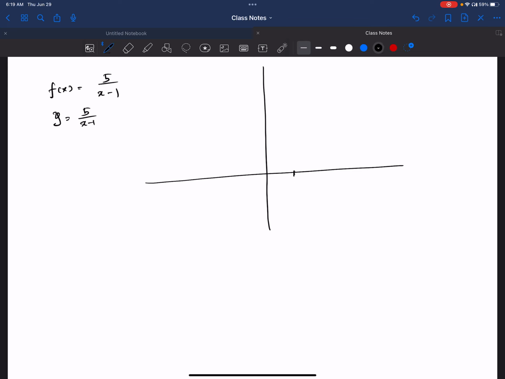Not a critical point, actually. x equals 1 is a vertical asymptote. I'm going to talk about this vertical asymptote. I'm sure that you might have done this in pre-calculus.